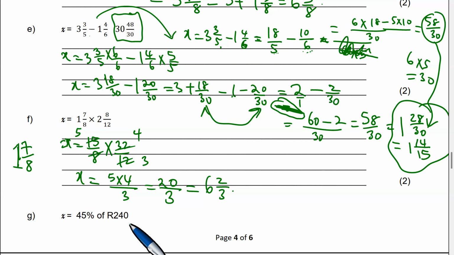Okay, I'm still here. So this 45% means that you're going to say 45 over 100 times 240. What answer did you get?